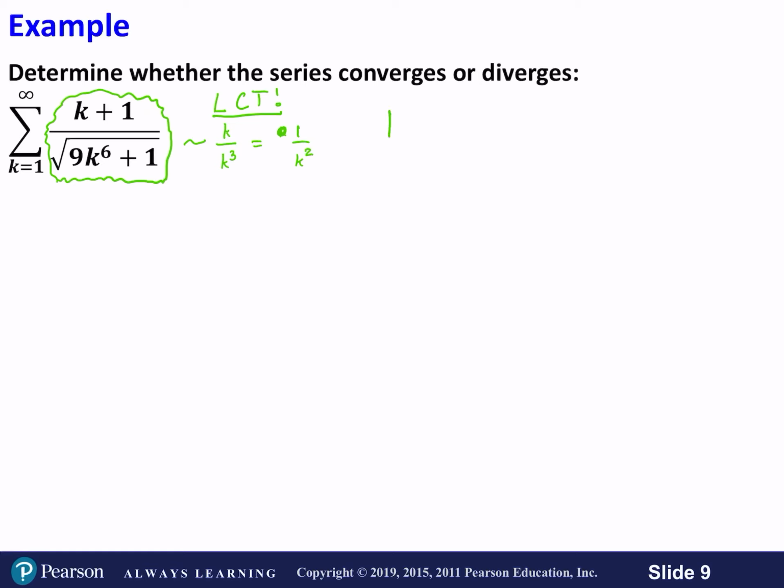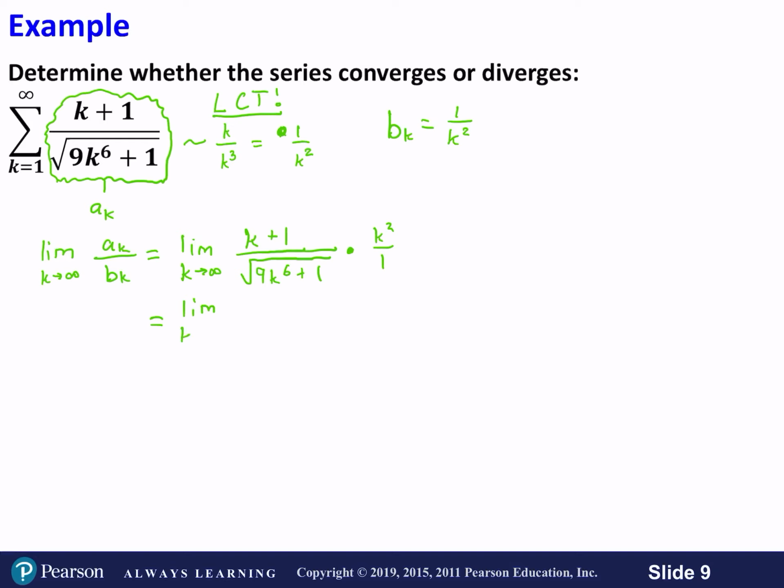So we are going to define bk to be 1 over k squared, and we're going to take the limit of ak over bk. All right, so ak was k plus 1 over the square root of 9k to the 6th plus 1, and bk is 1 over k squared.